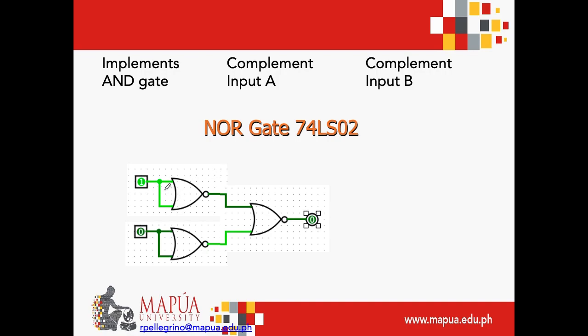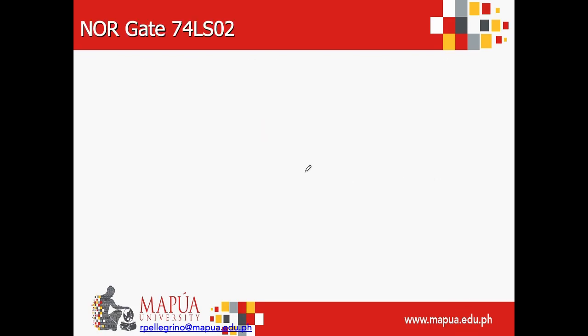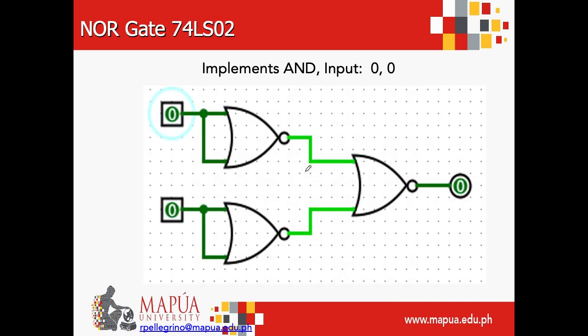So as you can see, we have here 1 or 1, that is 1, complement, that is 0. So 0 or 0, complement is 1. So 1 or 0 is 1, the complement of 1 is 0. So implements AND with inputs 0, 0.